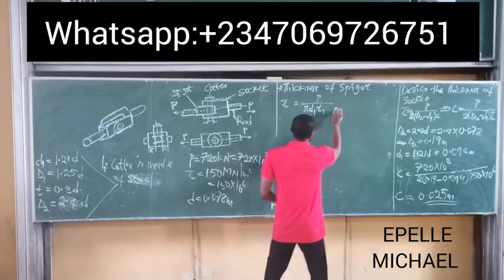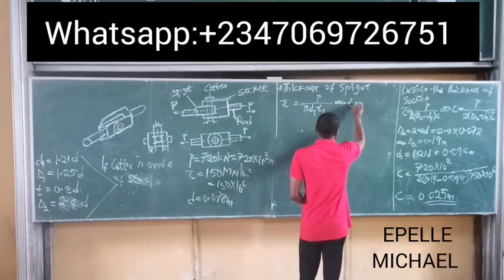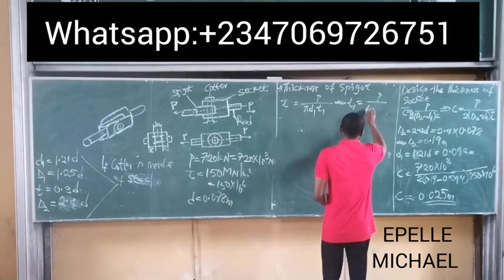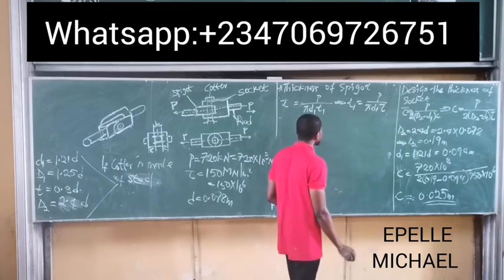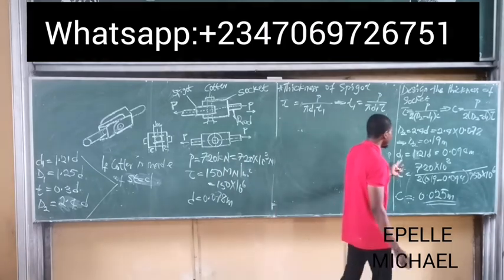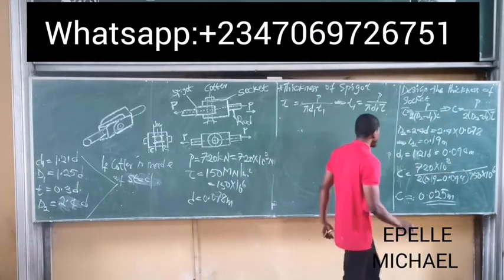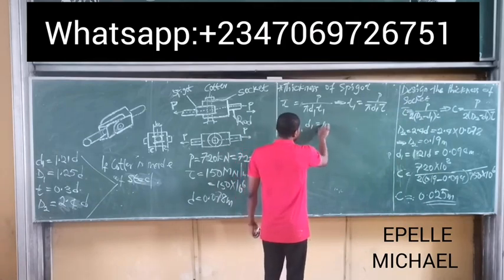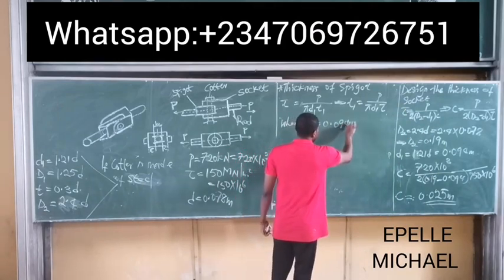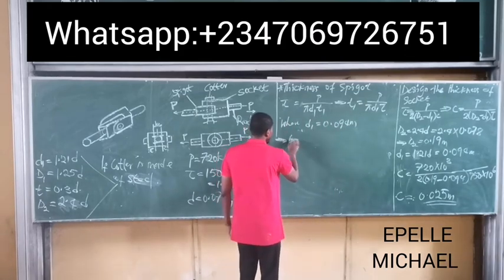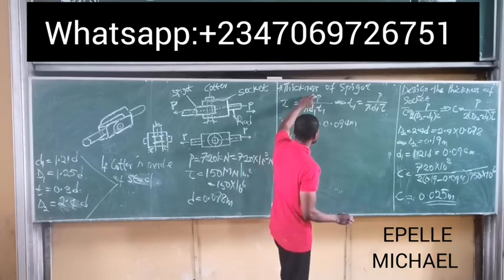So T1 is equal to P all over pi D1 times shear stress itself. And we already obtained the value for D1. D1 equals 0.094 in meters.